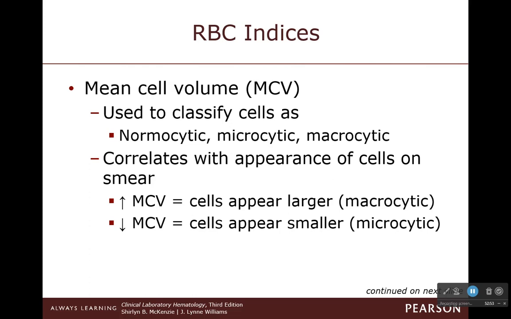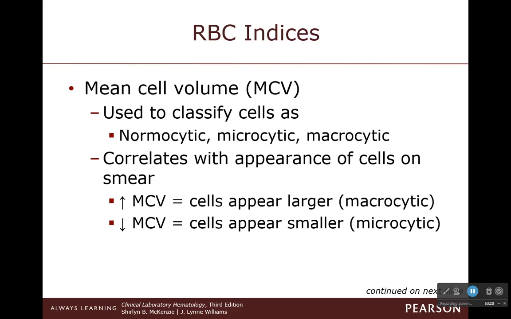So we're going to talk about a thing called a morphology. When you do your morphologies, you're looking at the red blood cells. We also look at the platelets a little bit, but mostly the RBCs. You guys have been doing diffs on the slides downstairs. Now you're going to start doing morphologies. One of the things you need to look at is the size of the red cells, and you need to judge by 1 plus, 2 plus, 3 plus, 4 plus.